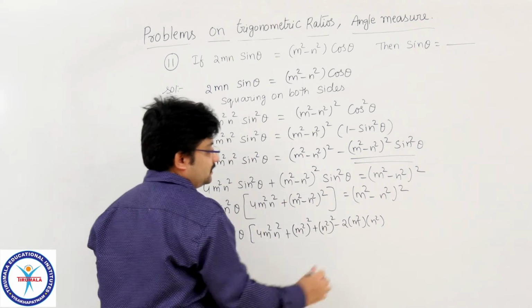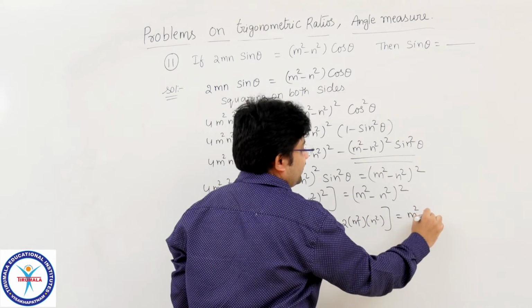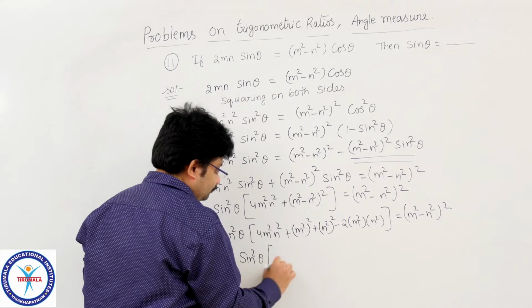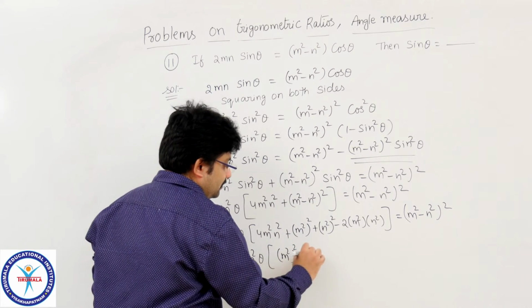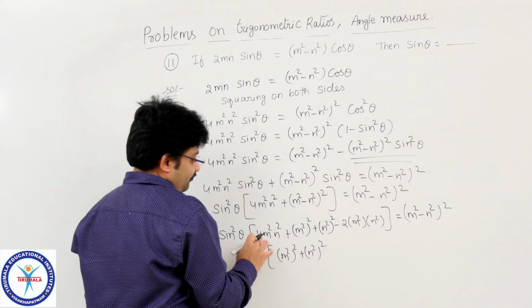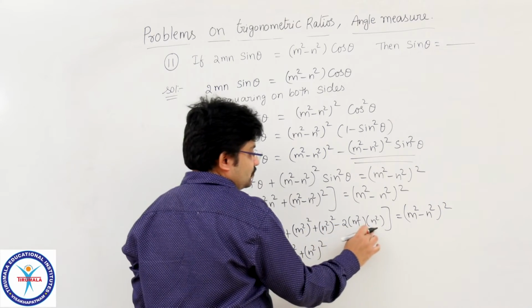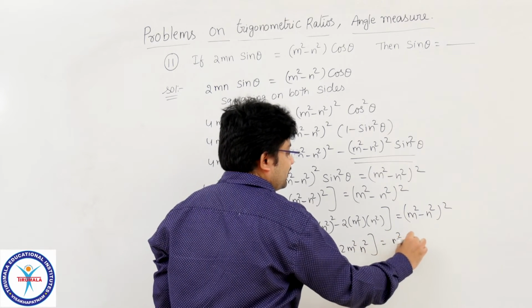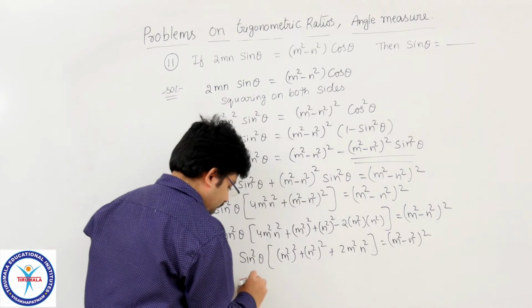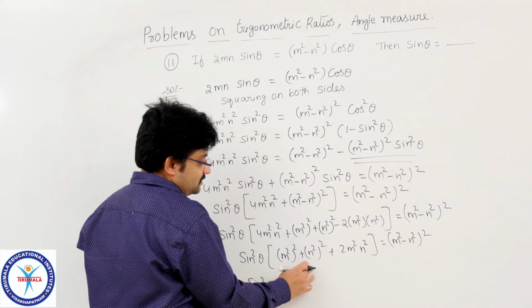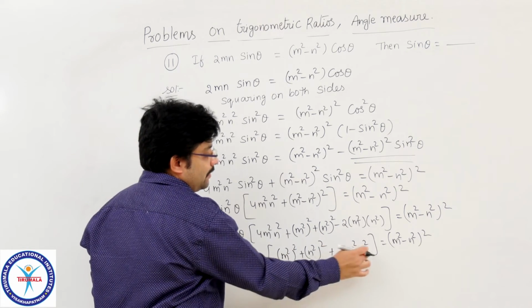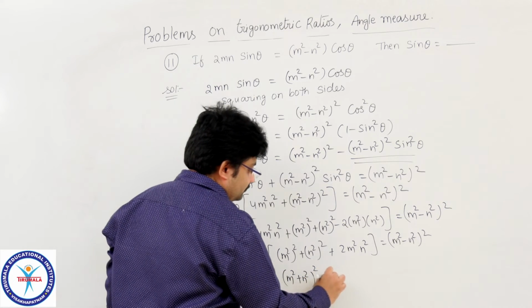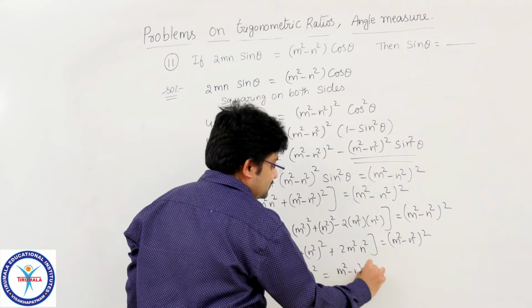So, expansion clearly is equal to (m² − n²)². Sin²θ into (m²)² + (n²)² + 4m²n² − 2m²n² + 2m²n² is equal to (m² − n²)². Sin²θ into, it becomes a² + b² + 2ab, that is (a + b)², (m² + n²)² is equal to (m² − n²)².